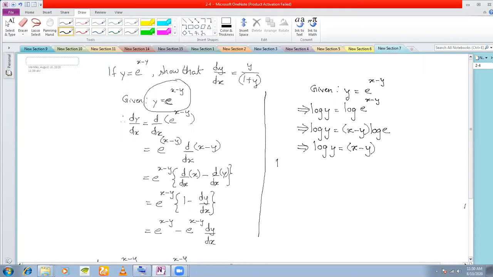Now I differentiate both sides with respect to x. Differentiating both sides with respect to x, you get d/dx of log y is equal to d/dx of x minus y.